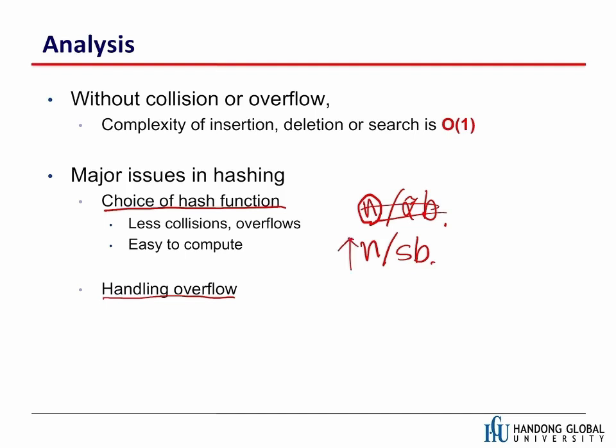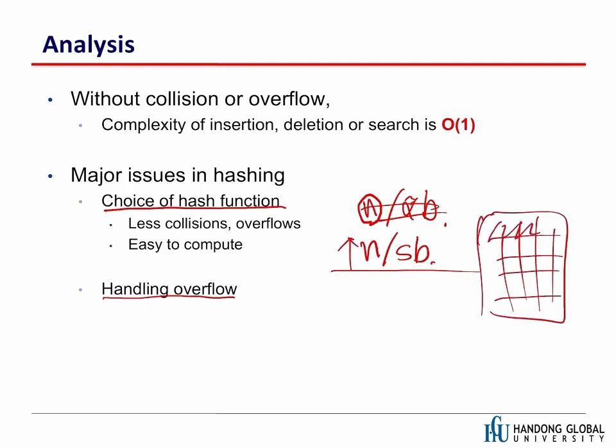As n increases, all the slots in our hash table will be full. Then eventually, we are going to get the overflow problem. Then what should we do? Even with the perfect hash function, we're going to get the overflow problem. Then we have to handle that. We have to deal with it, right? So our hash table should be able to handle this kind of problem.